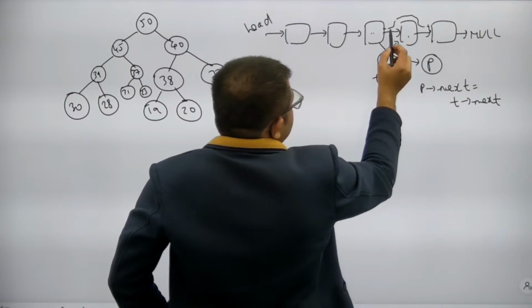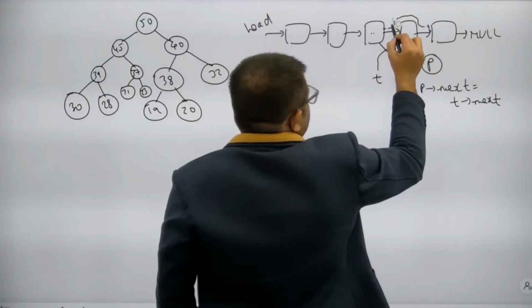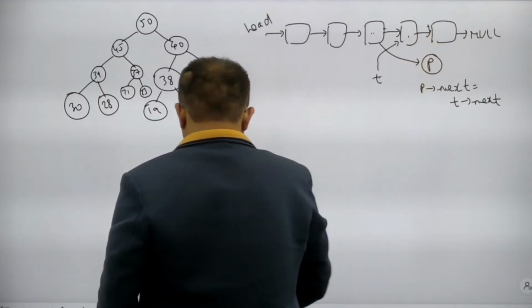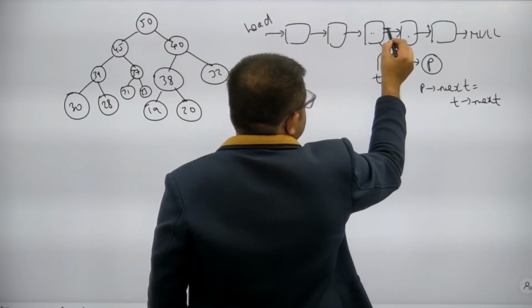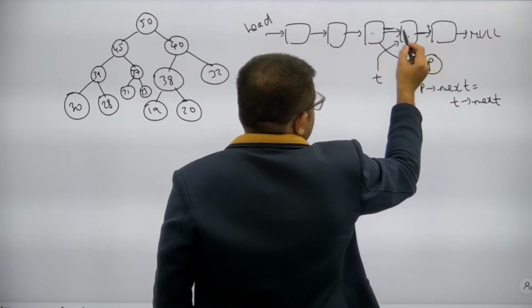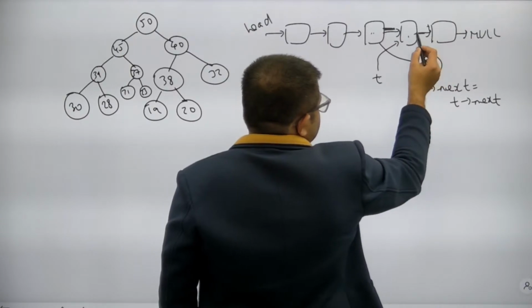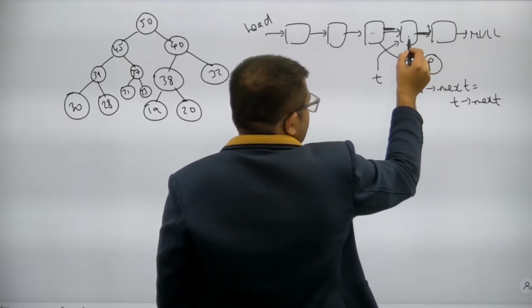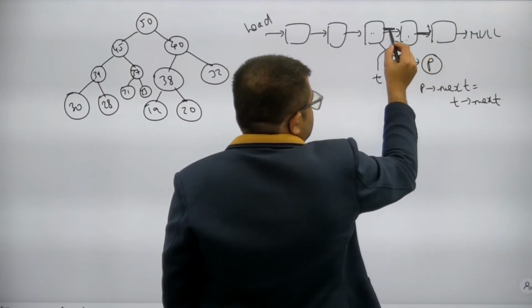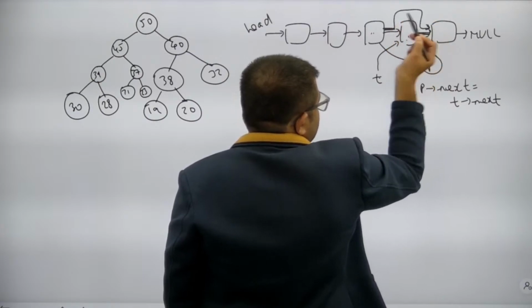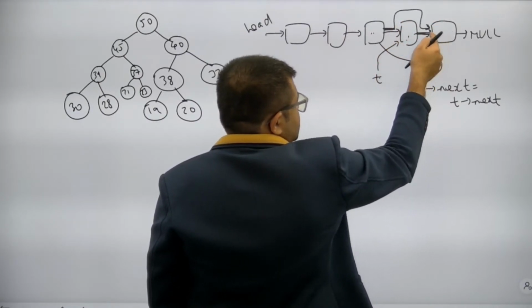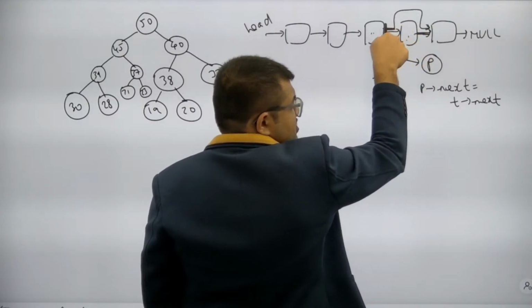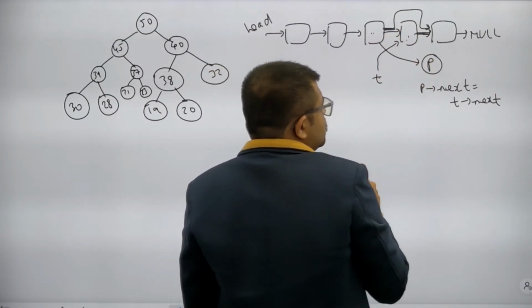What will this do? Look here, P next is this pointer, T next is this pointer, because the pointer pointing to this node is T. So P next is equals to T next. When you do this, this node vanishes from between, right? So you need to do that.